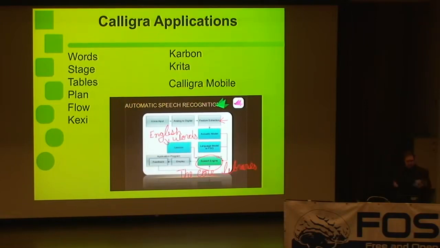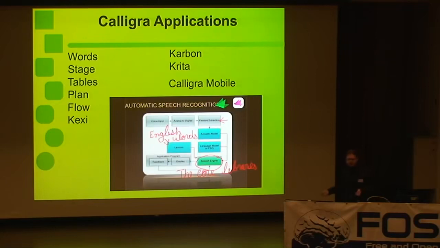The other applications in Calligra are Words, Stage, Tables. Those are word processing, presentation. I'm using Stage here to give my presentation, and it hasn't crashed yet. Tables, spreadsheet, Plan, it's a project planner. Flow, a diagramming application which has been dead for a long time. When we moved from KDE 3 to KDE 4, from Qt 3 to 4, a couple of applications really fell by the wayside.